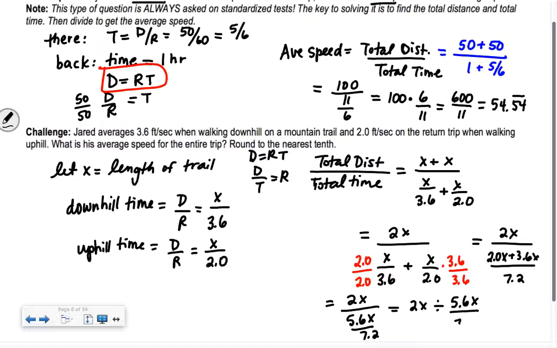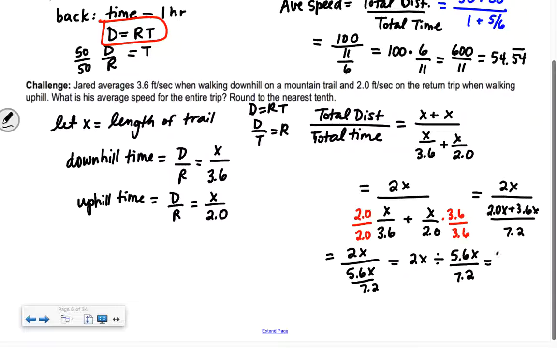It didn't matter how long he was traveling on that trail. Because when we multiply by the reciprocal, if I have 2x and I multiply by 7.2 over 5.6x, those x's will cancel. So it didn't matter how long that trail was.